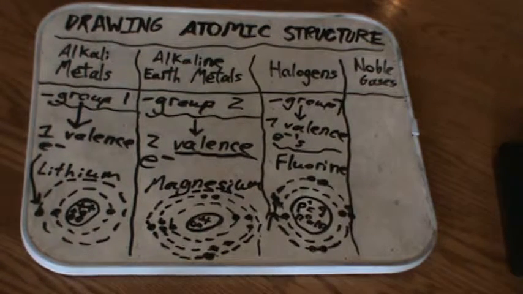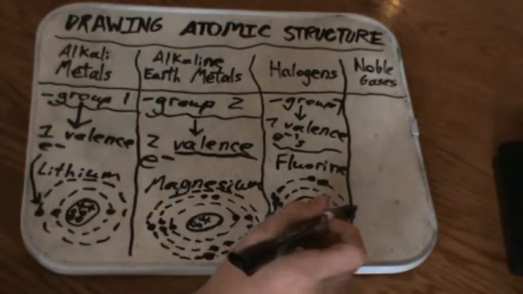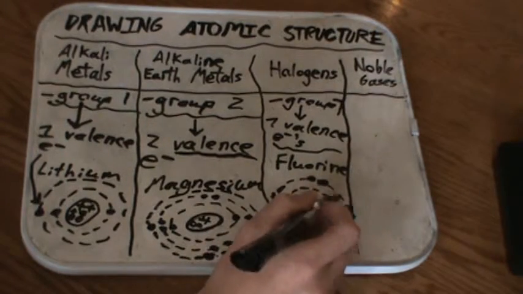And so now we're really coming to see exactly how these elements differ from one another, in the sense that fluorine has a nearly full outer energy level.